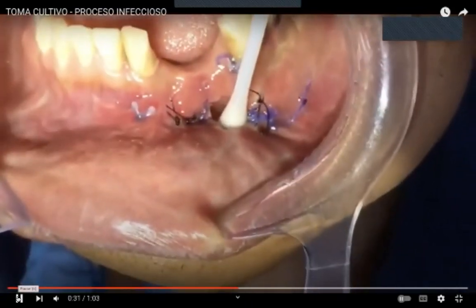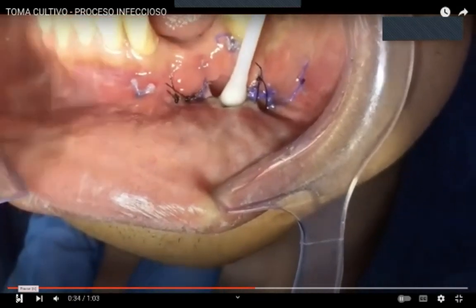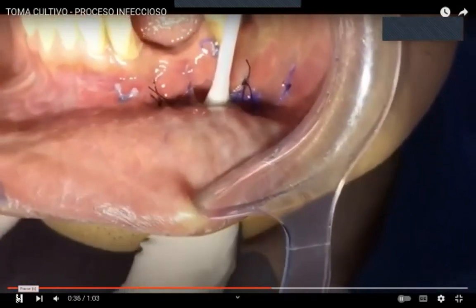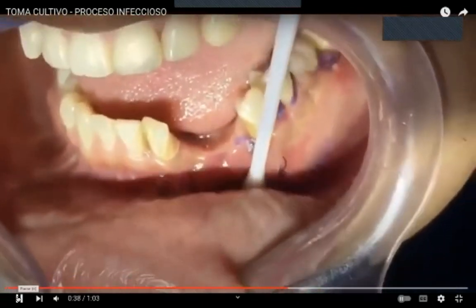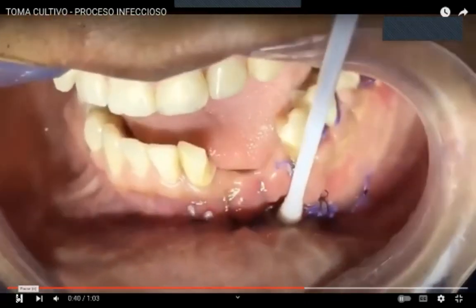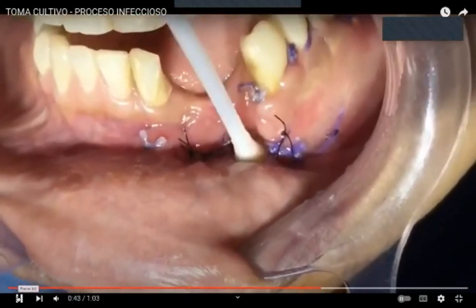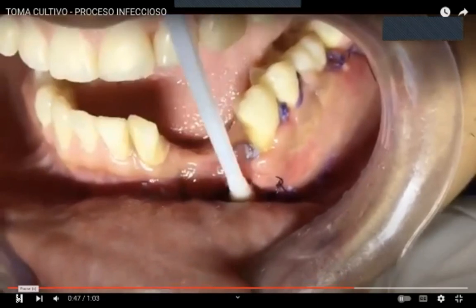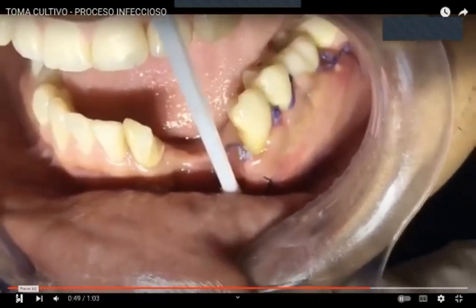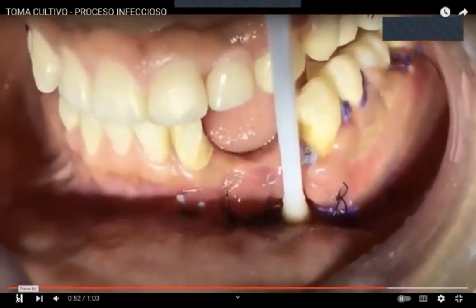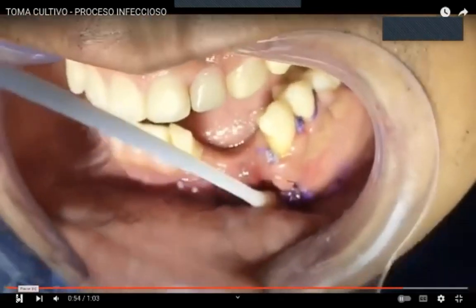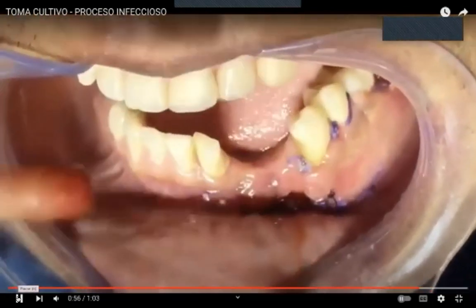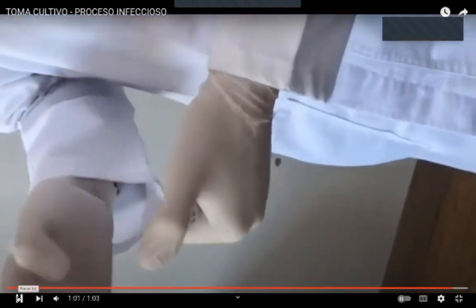I want to make sure the bacteria I found there is a normal bacteria and doesn't have a secondary infection. So I press, trying to make the liquid come out. Yes, and that's how we deal with it and put them in the base, and we're done.